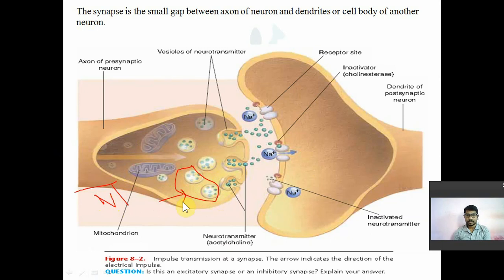They are synthesized locally, stored locally and released. So for example, adrenaline, noradrenaline, dopamine are synthesized from the amino acid phenylalanine, by different processes like phenylalanine hydroxylase, tyrosine hydroxylase, dopa decarboxylase, then noradrenaline synthesis.